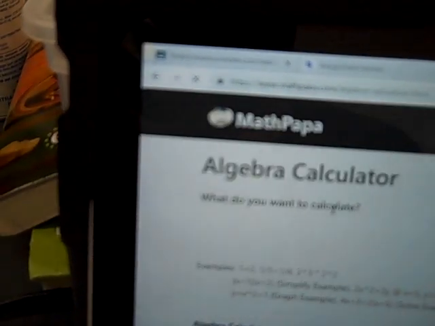So I go to a Google search. And I'm going to Google Math Papa Algebra Calculator. Okay, comes right up. And what that does is allows me to multiply expressions.